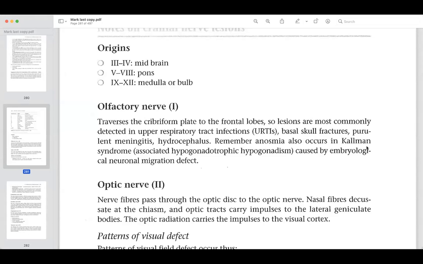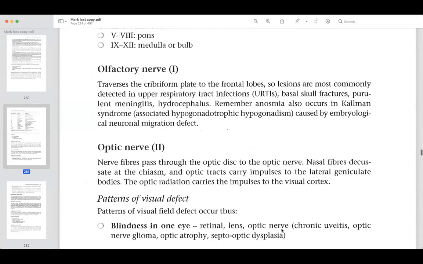Remember, anosmia also occurs in Kallmann syndrome, which is associated with hypogonadotropic hypogonadism caused by embryological neuronal migration defect. We all know that in Kallmann syndrome, there is anosmia. Just remember this much only. No need much about this nerve.